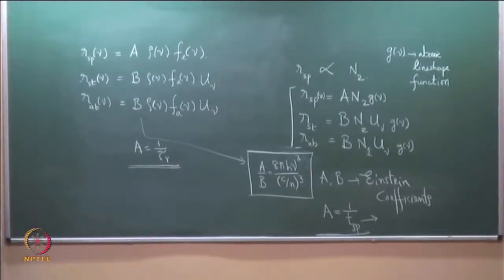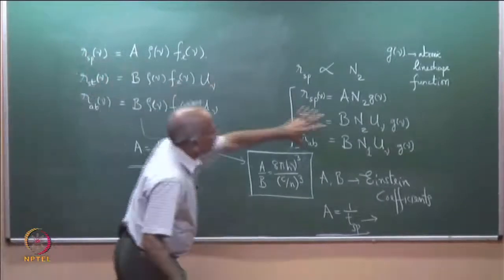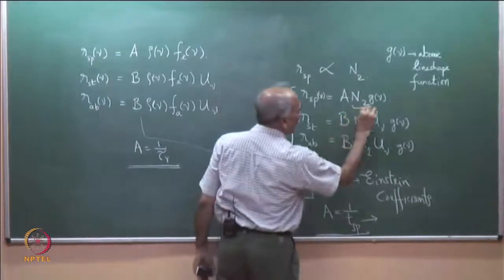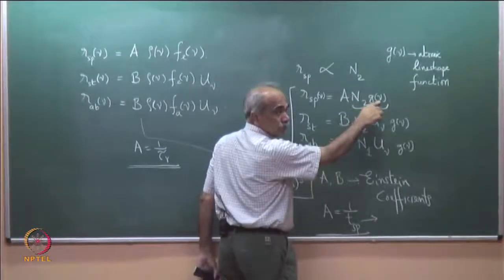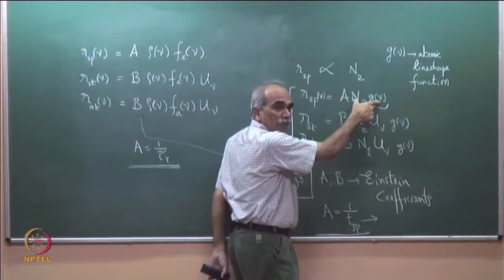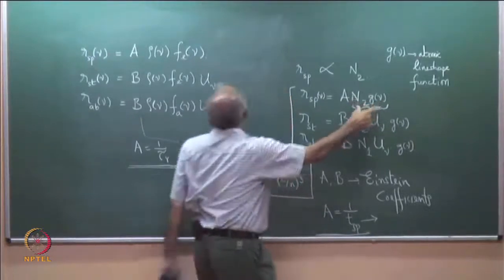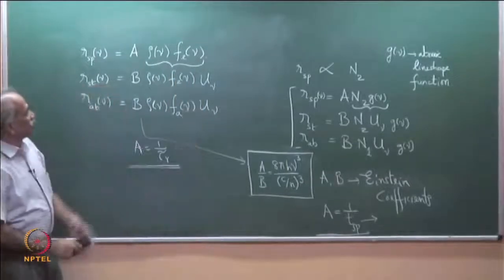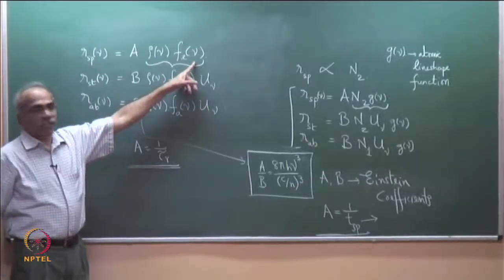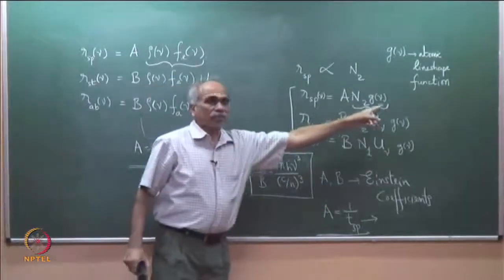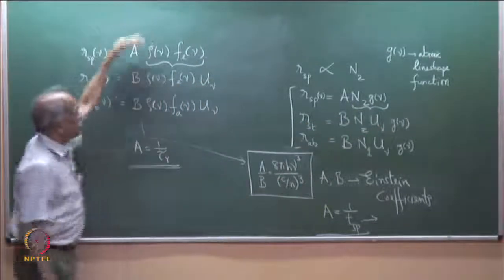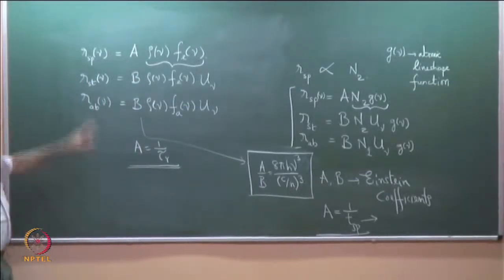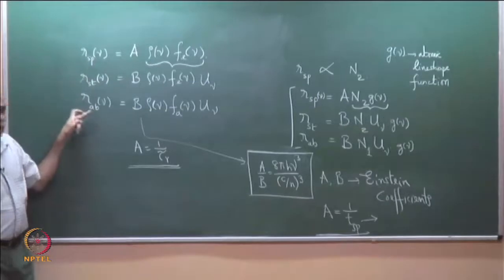So, it is a completely one-to-one correspondence, and what do you see, that N2 into G nu tells you the effective number of atoms available for the transition, and rho nu into Fe of nu tells you the same thing. So, these are the rates of spontaneous emission, stimulated emission and absorption.